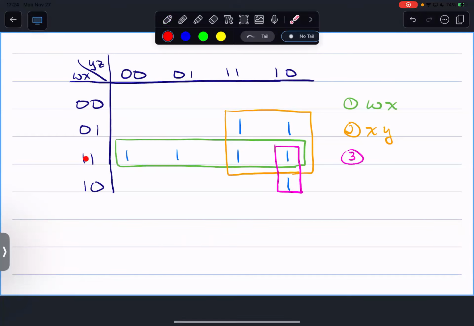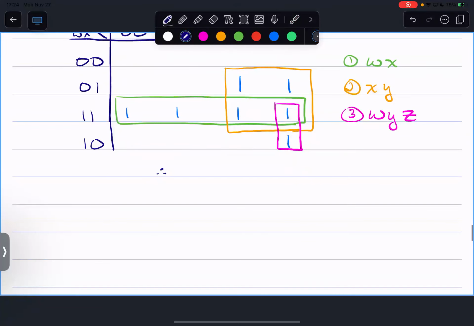And to summarize this, W is on, W is on. X is on, X is off, that's out. Y is on, Z is off. W, Y, Z. Therefore, G of W, X, Y, Z is WX plus XY plus WYZ.